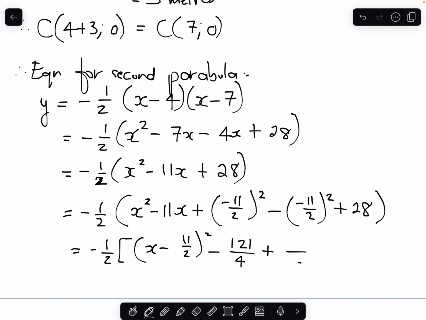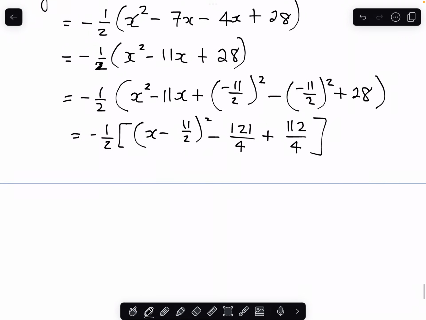Let's put this over 4 as well. 56 times 2. Wrong bracket. So this is minus 121 plus 112, so that's negative 9 over 4.